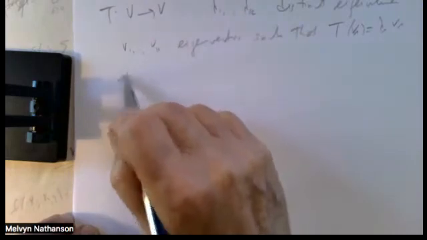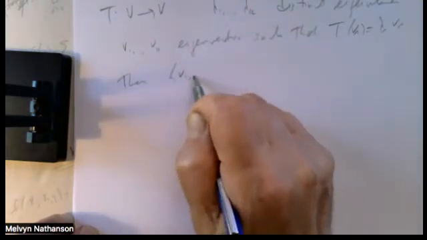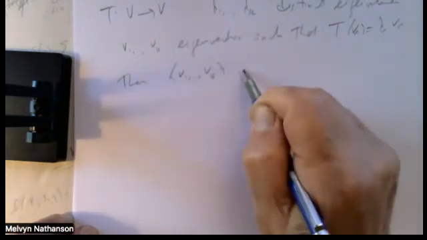So I have distinct eigenvalues, an eigenvector for each of them. Then this set of vectors is a linearly independent set.